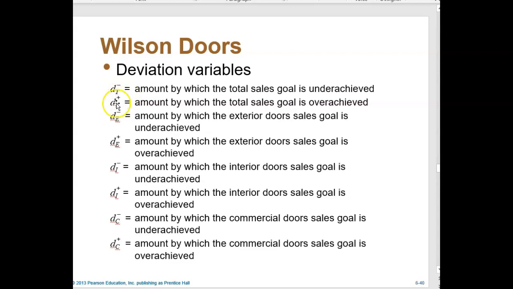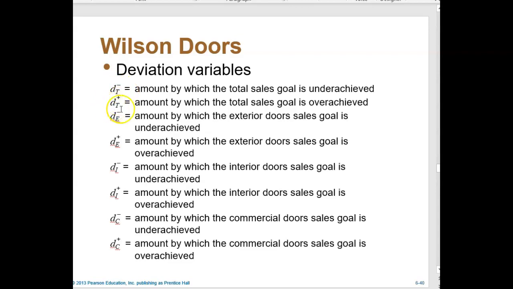And the way we define these 2 deviation variables is the first one, dt negative, is the amount by which the total sales goal is underachieved. We know that the target for total sales is set to 180,000. So if we end up making total sales of 175,000, then dt negative would be 5,000.